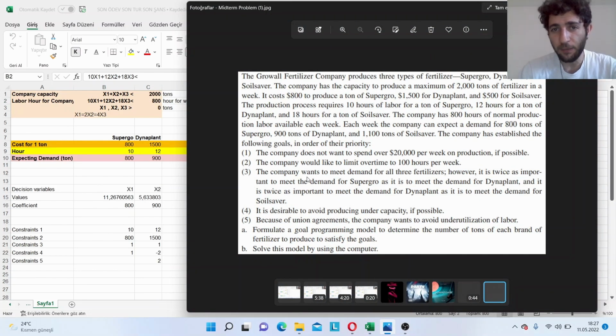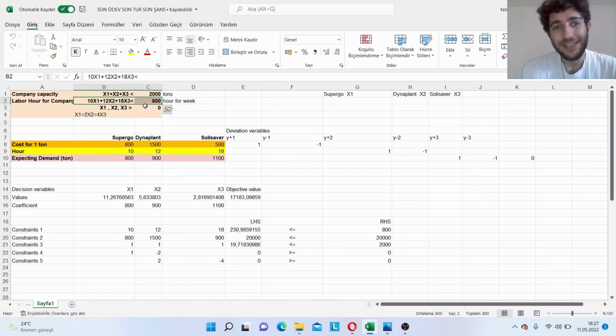I will say that Spargrow is X1, Dipnalt is X2 and Soil Saver is X3, and the labor hours are here. X1 is 10 hours, X2 is 12 hours, and the last one is 18 hours. These labor hours must be less than or equal to 800 for a week.